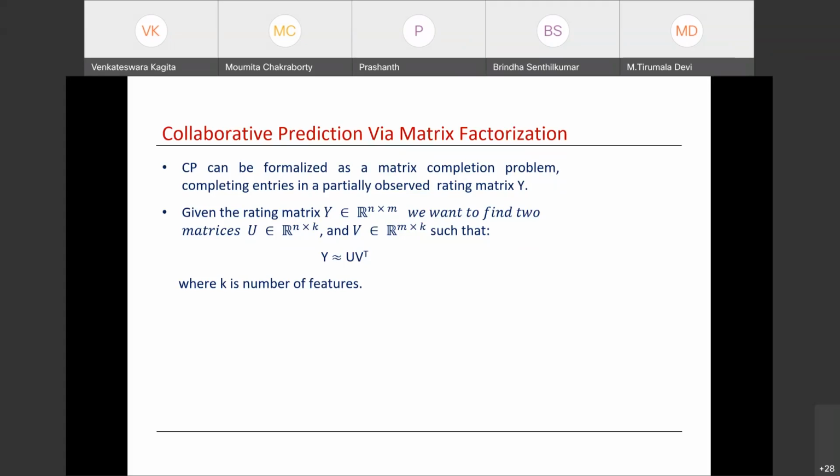Did you get my point? It learns the two matrices such that the predicted value is equivalent to the actual value over all the observed entries. Therefore, we assume that it will also predict for the future, unobserved entries.